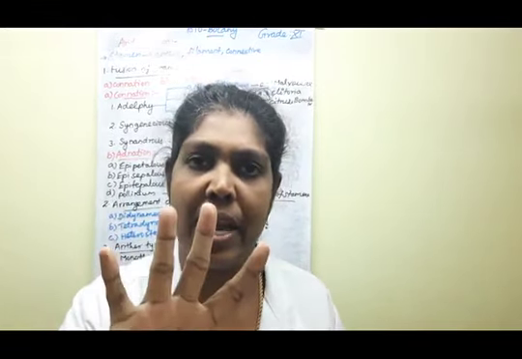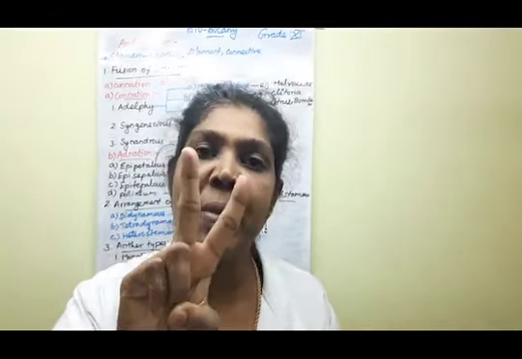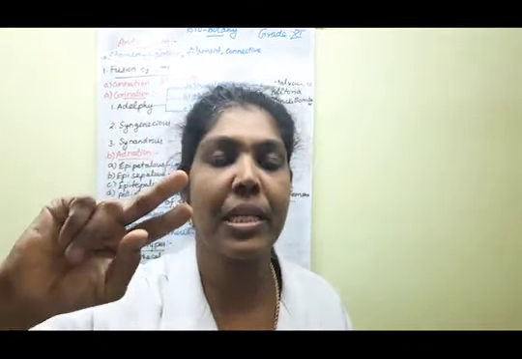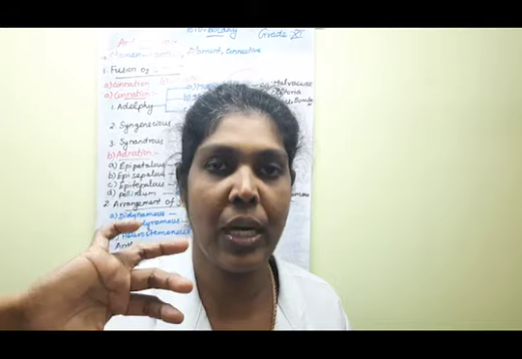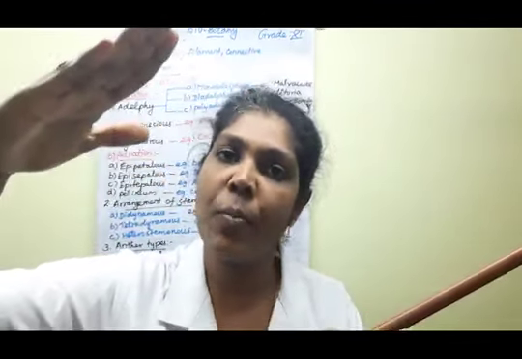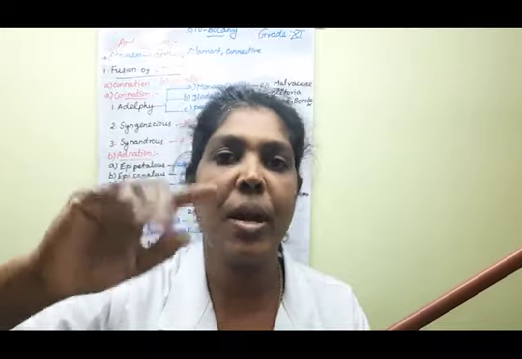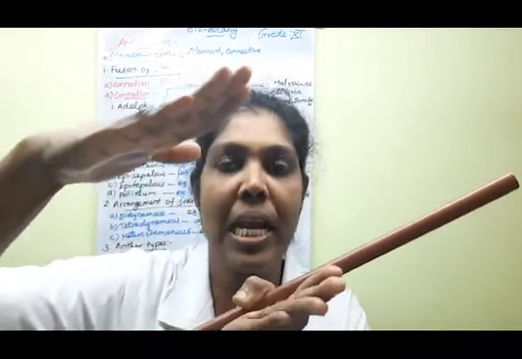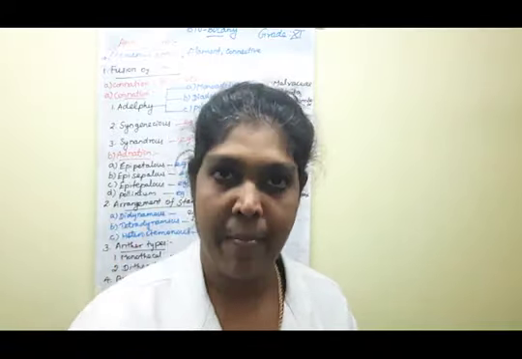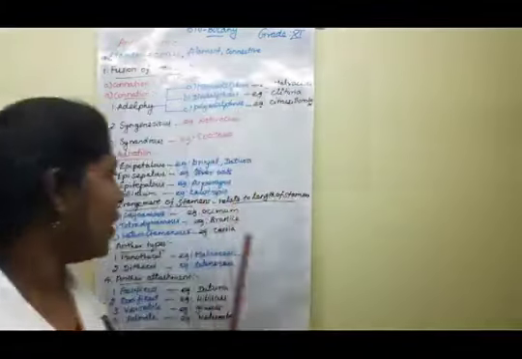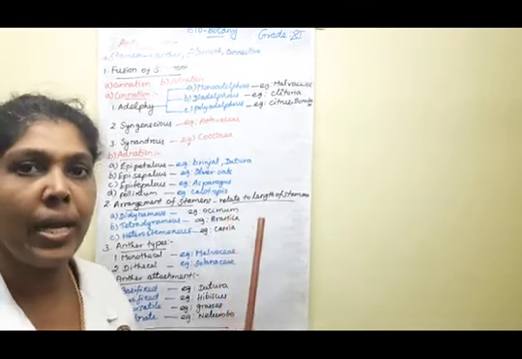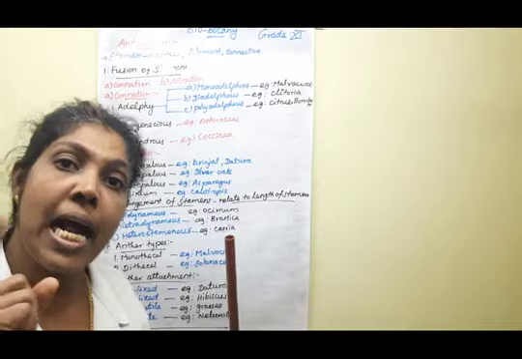Two stamens have filaments of the same length, and the remaining two stamens have another length. Clear, children? Suppose two stamens have a very long filament and the remaining two have a very short filament. That is called didynamous. A good example of the species is Ocimum, Tulasi.